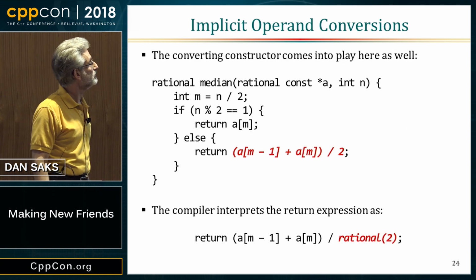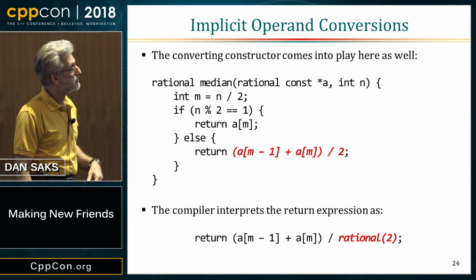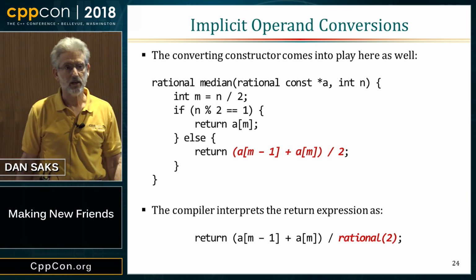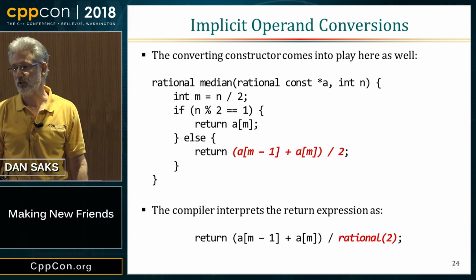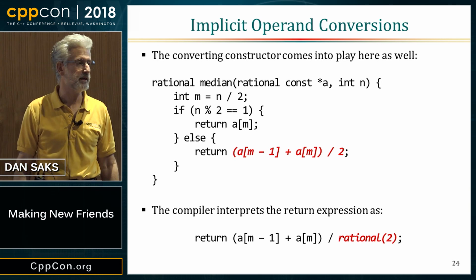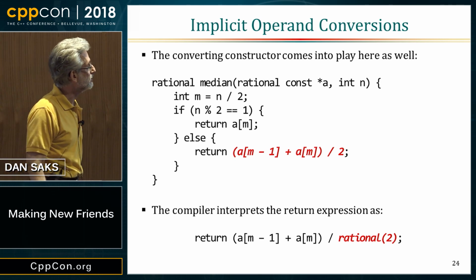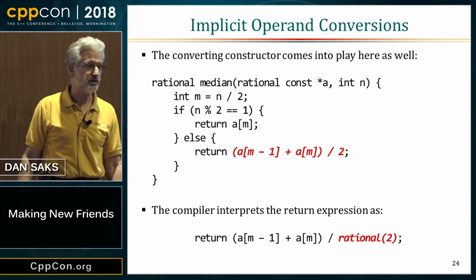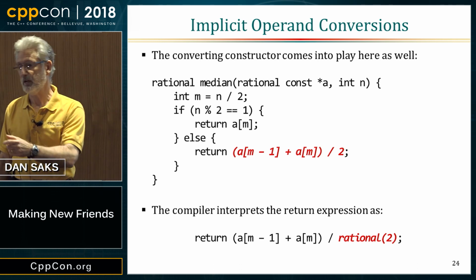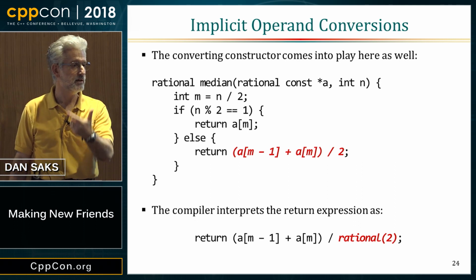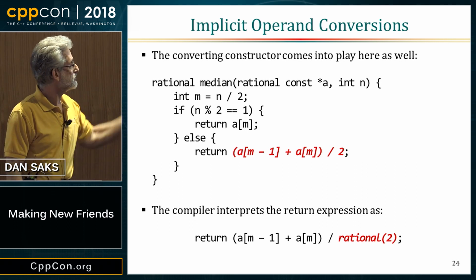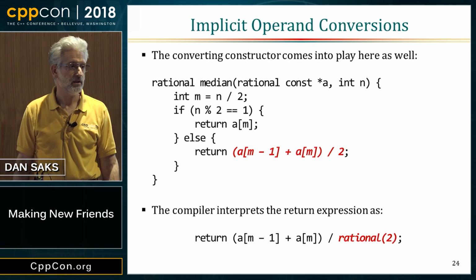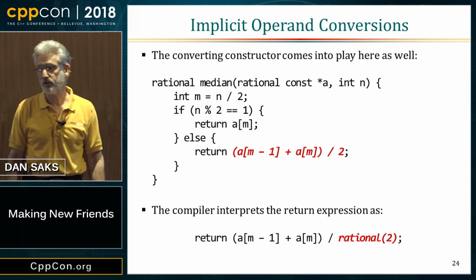Here's another example, which is that in the return statement there, this is computing the median of a presumably ordered collection of rational numbers. Assuming the rationals are already in ascending or descending order, if I want to compute the median value and the number of elements in the collection is even, the way you do that is you compute the arithmetic mean of the two middle elements. So that's what that's doing. It's adding the two middle elements and then dividing by 2. Once again, it's mixed type arithmetic.